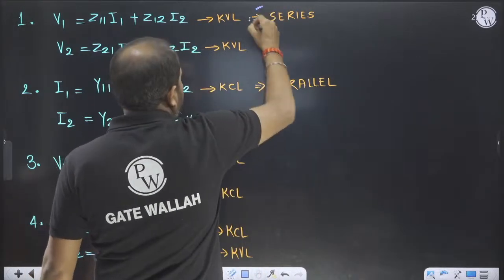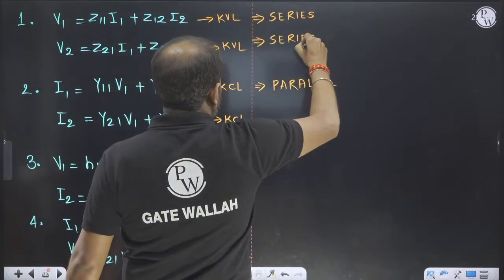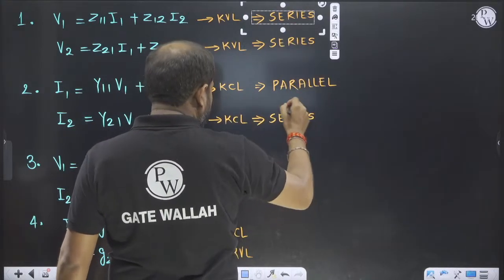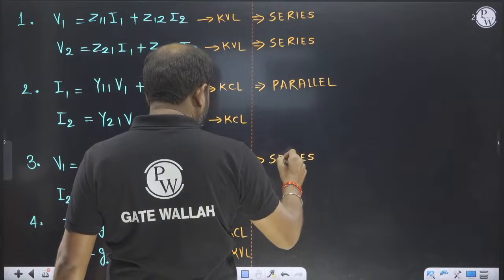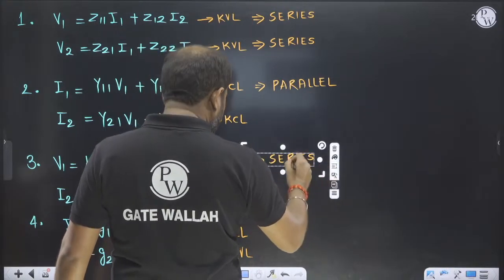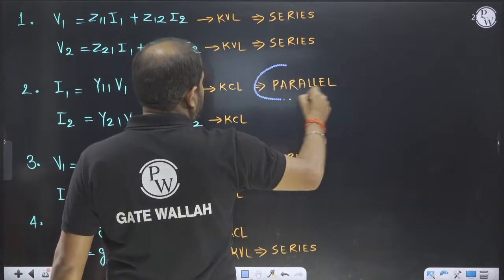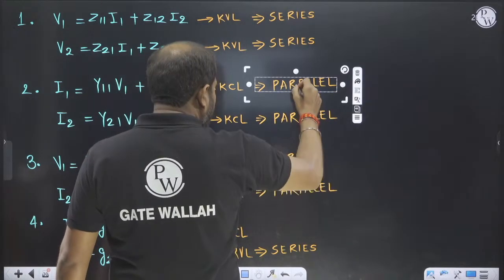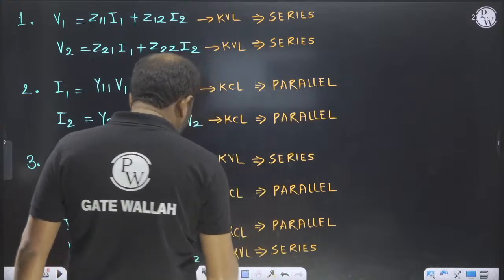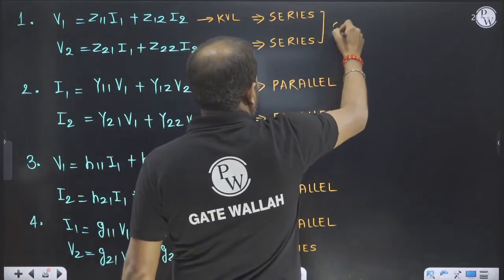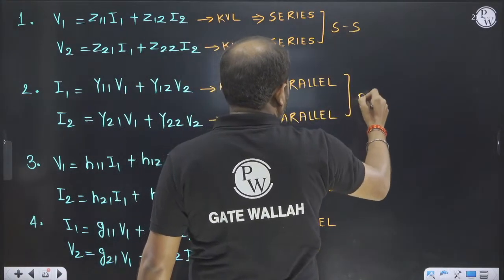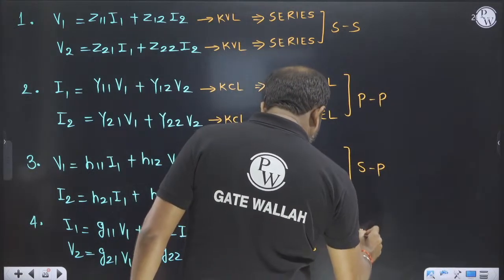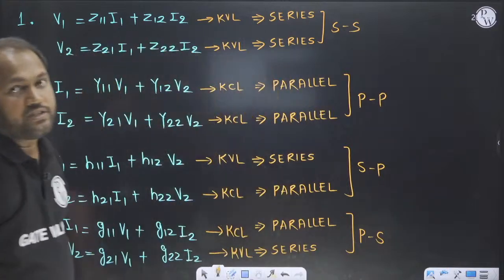So first one is series, this one is parallel, this one is series parallel, this one is parallel series. You can easily remember this.